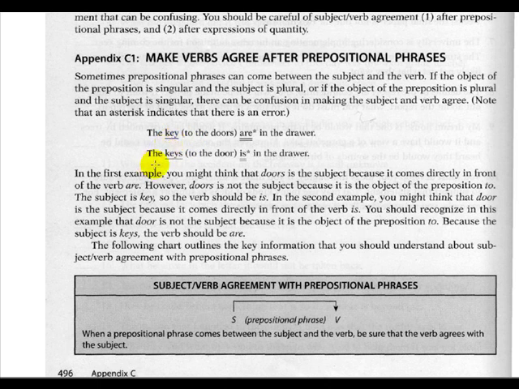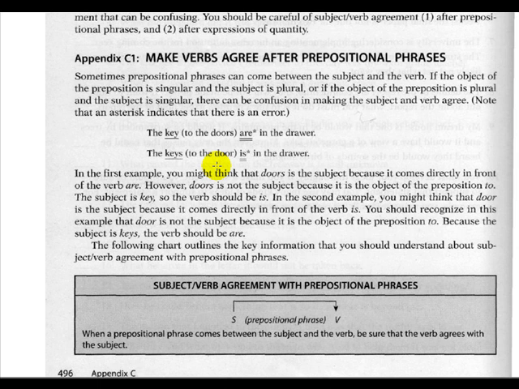In the second example, the keys to the door is in the drawer. Well, in this case, keys is plural, and this is a singular verb. It should be plural because keys is plural. It should be the keys to the door are in the drawer. Again, to the door is a prepositional phrase. It does not determine the verb, even though it comes just before it.